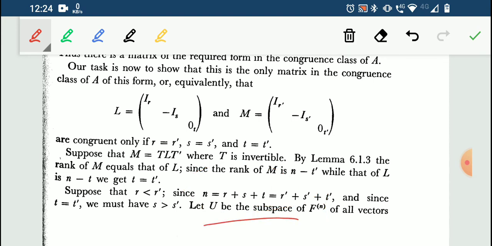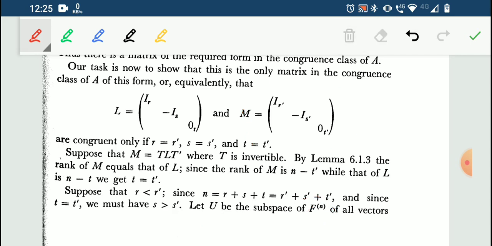So let U be a subspace of Fn of all vectors. Now see why we are taking Fn, because whatever elements are in these matrices, we take from Fn itself, a vector space.